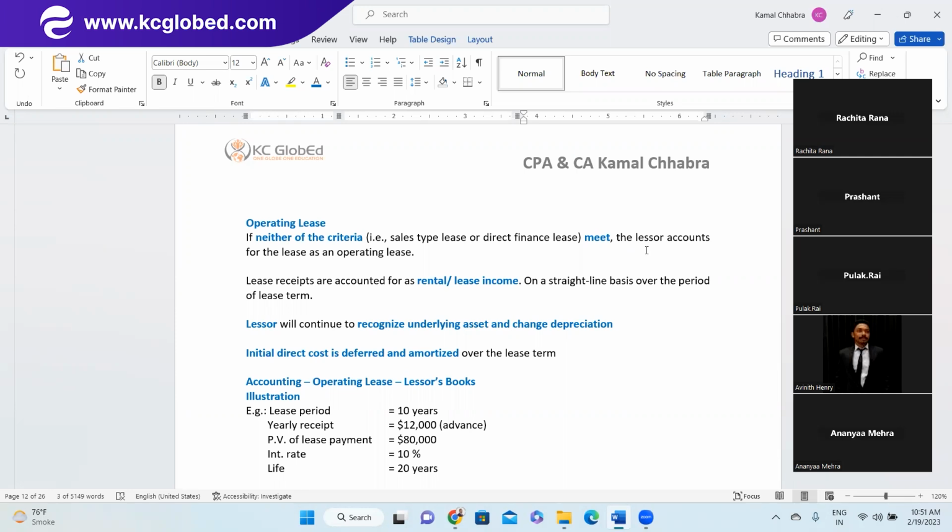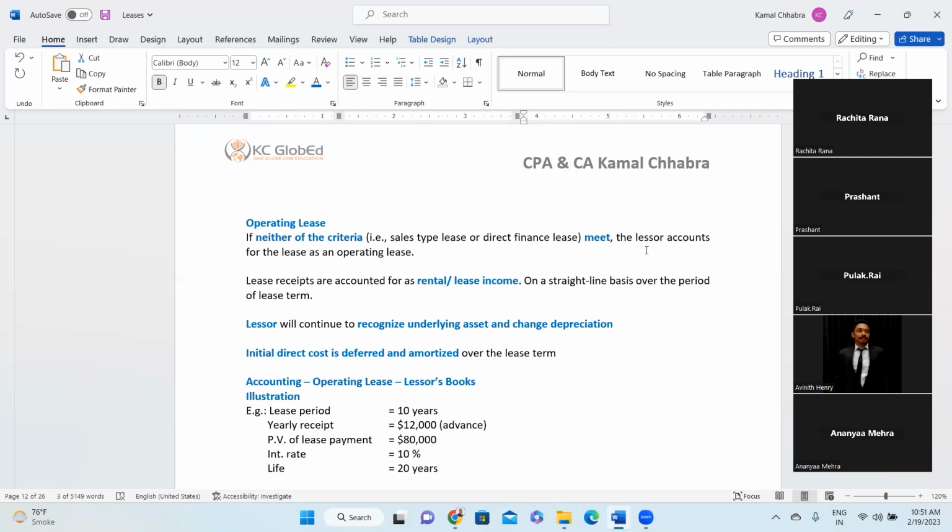So first we need to look at the 5 conditions of sales type lease. If those are met, then we should consider sales type lease. If those 5 conditions are not met, then we need to look at the 2 conditions of the direct finance lease. If those 2 conditions are also not met, then only is the lease considered an operating lease.